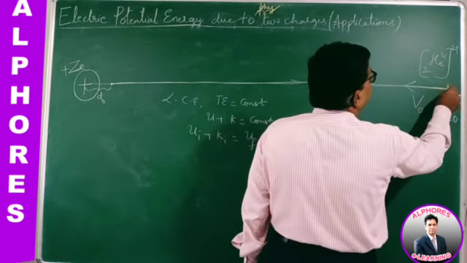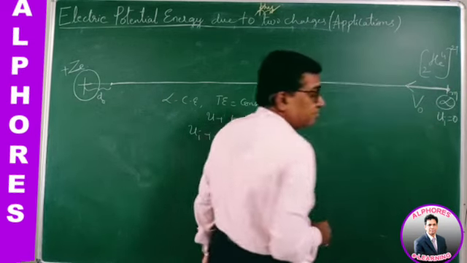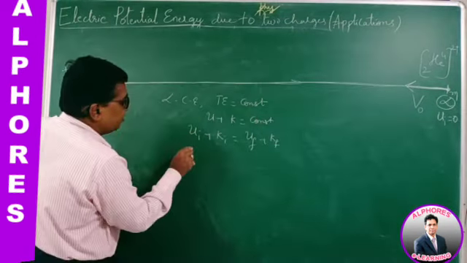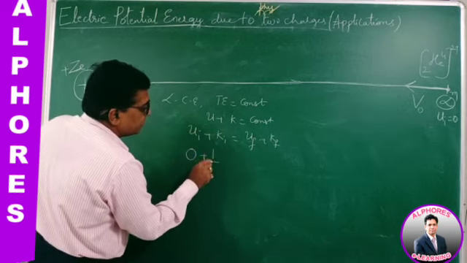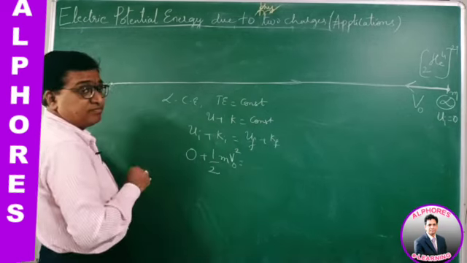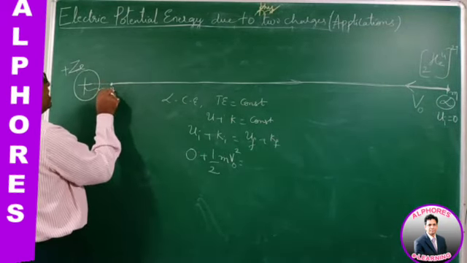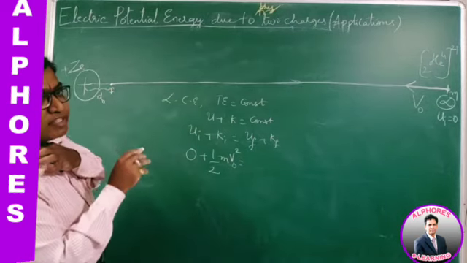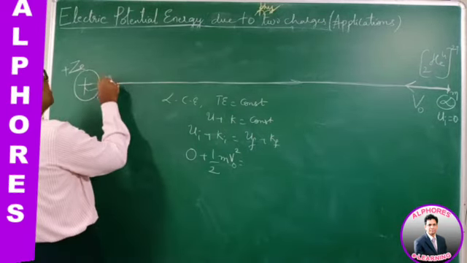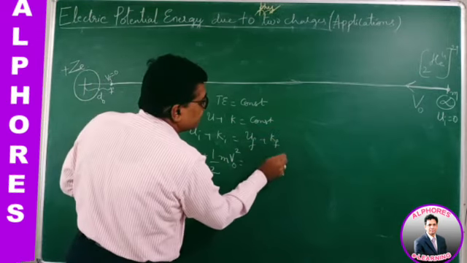But I am throwing the particle with velocity V0. Let the mass of the alpha particle be m. So initial potential energy is 0, but initial kinetic energy is half m V0 square. Now when the body comes to this point and stops, the final velocity is 0. V final is 0, so final kinetic energy is 0. So this term is 0.